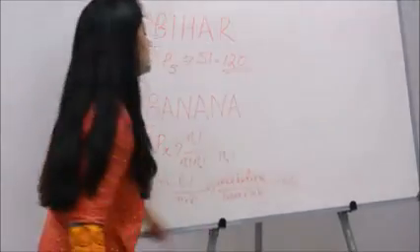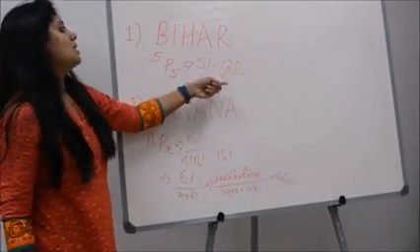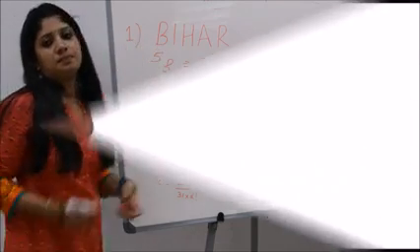So 60 words can be made out of the word banana and 120 words can be made out of the word Bihar.